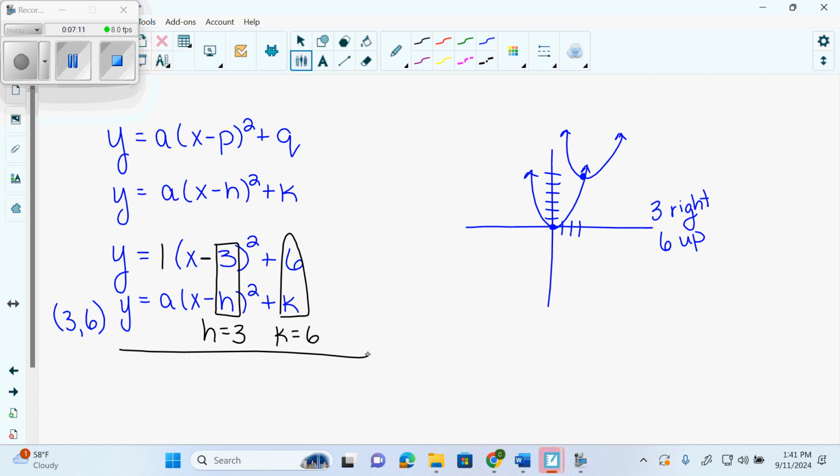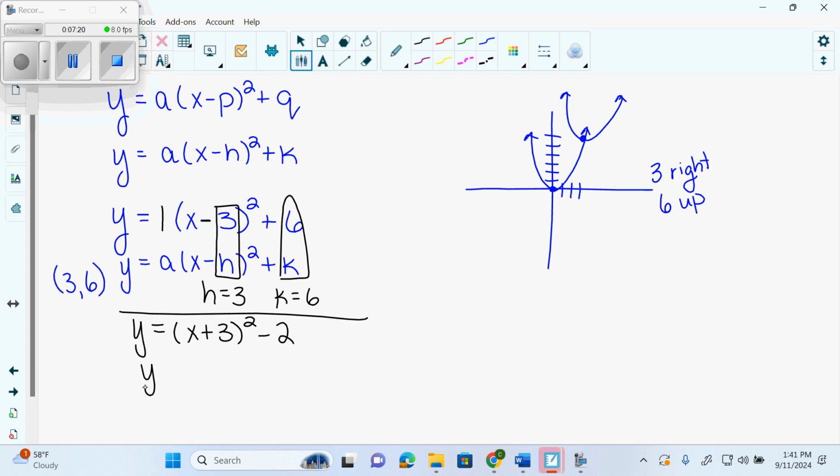There's no minus sign. What happens if I give you this, though? y equals (x plus 3) squared minus 2. Well, if I line my formula up underneath it, it's (x minus h) squared plus k, right? How do I get x minus? Well, I would have x, then what? The minus sign has to be there, right?